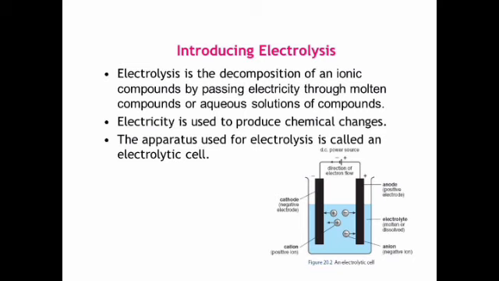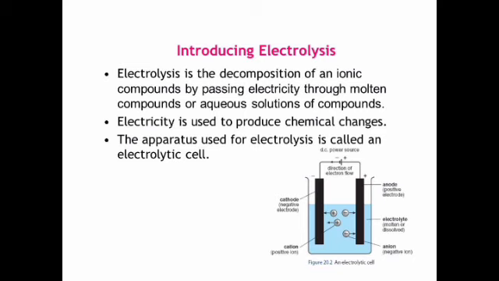Okay, you see an example there. Consider the electrolysis of a concentrated solution of sodium chloride. Now in this solution there are 4 types of ions. You see the cations and the anions, both from the electrolyte and the solvent, which is water. So the electrolyte is sodium chloride, NaCl, and the solvent is water, H2O.